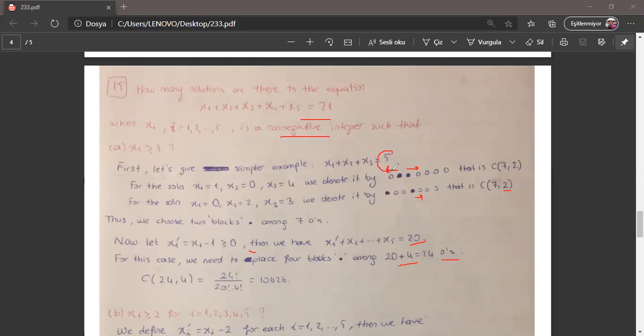Here we had 5 on the right of the equality, and here we have 7, 5 plus 2, where that 2 is the number of the blocks. So here we have 4 blocks, and here we have 20. 20 plus 4 gives 24. So we have 24 choose 4. Here we have the solution, the answer.